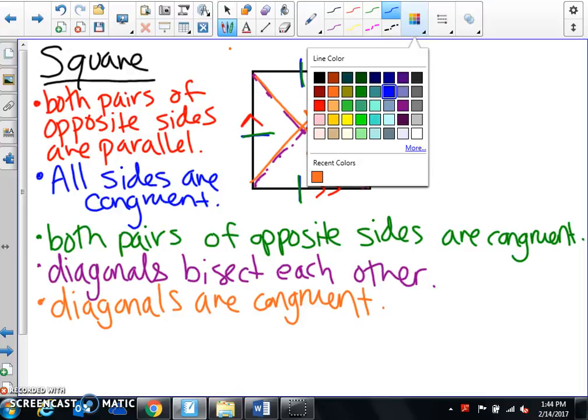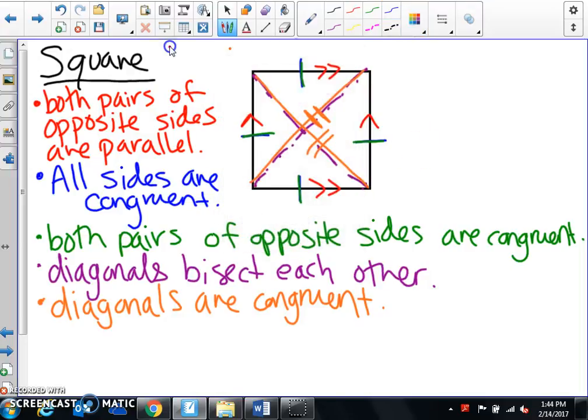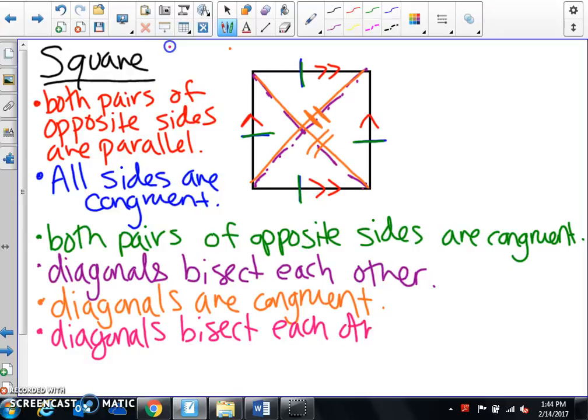The next thing that we know about squares is that diagonals bisect each other at right angles. That one is easy to remember because it's a square within a square.